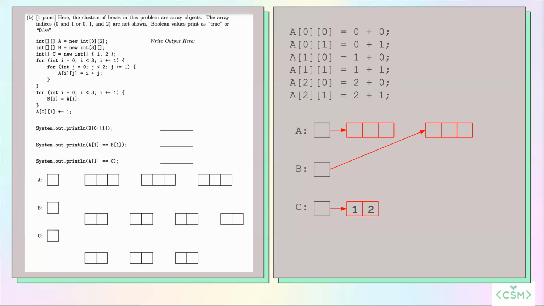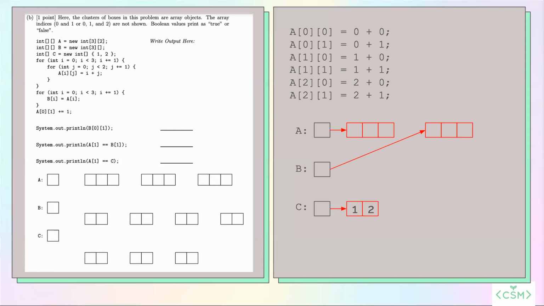When I is equal to 0 and J equals 0, we have A at 0 equal 0 plus 0. Then we increment J by 1, so A at 0 at 1 is equal to 0 plus 1. Then if we increment J again to get 2, 2 is not less than 2, so we exit the for loop and go back to the outer for loop. The whole process repeats until I is equal to 3 and we exit that for loop.